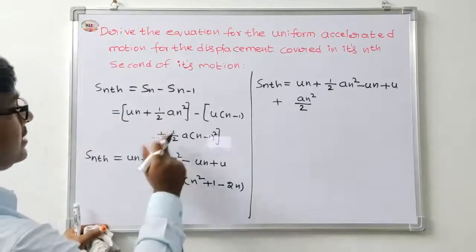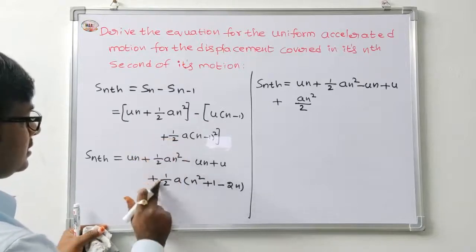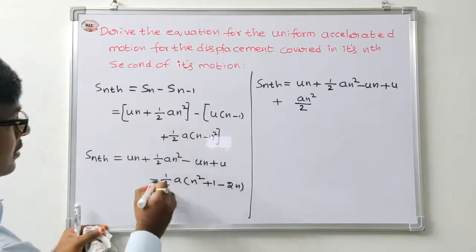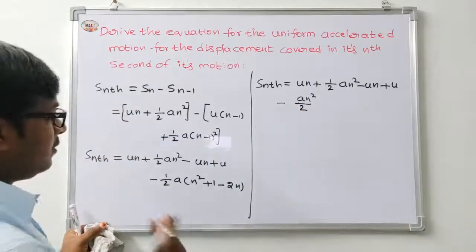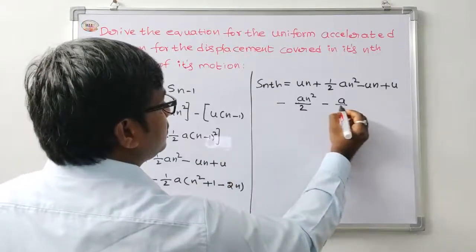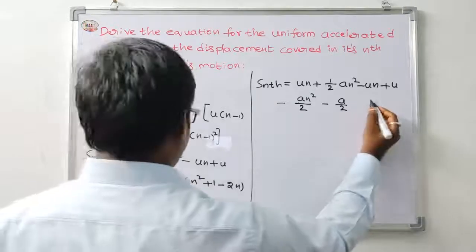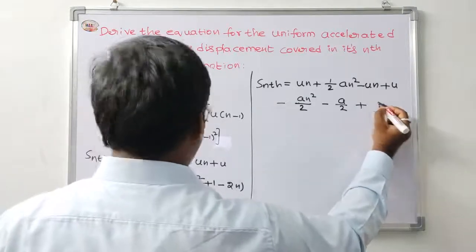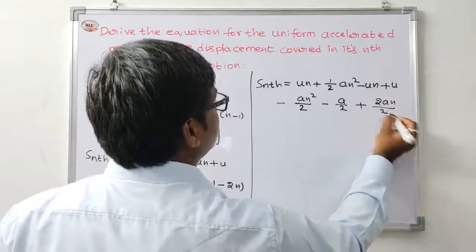Here minus into plus is minus, students. Totally minus an square by 2, minus into plus minus a by 2, minus into minus plus 2an by 2.